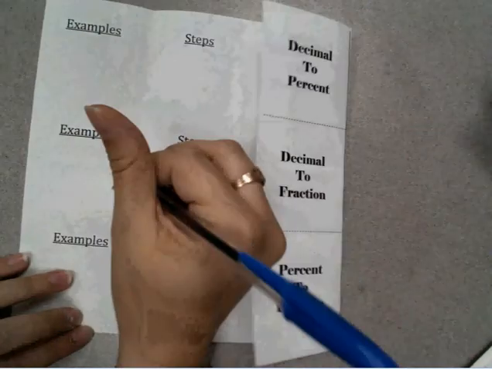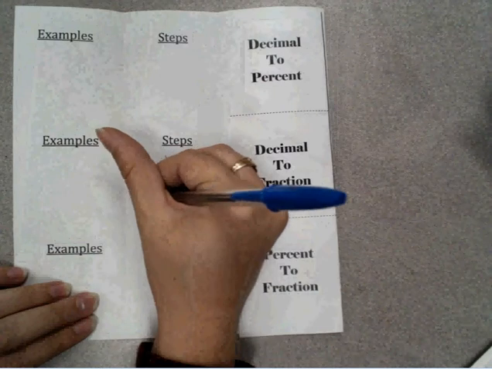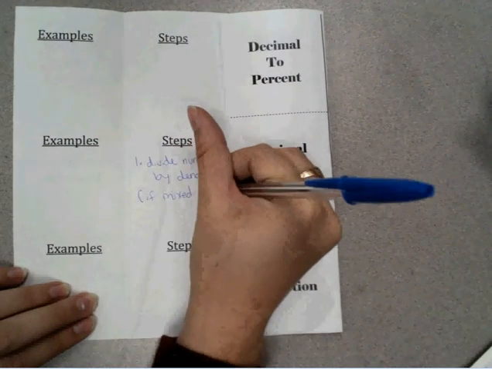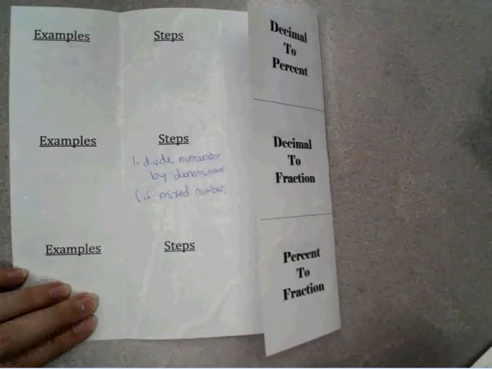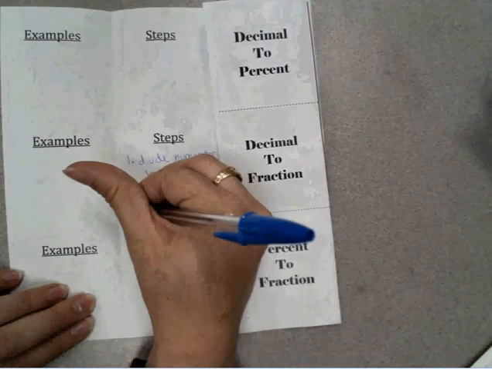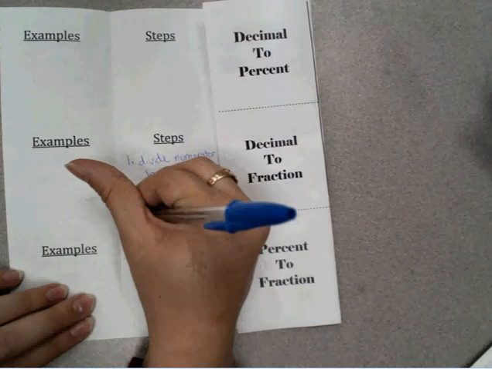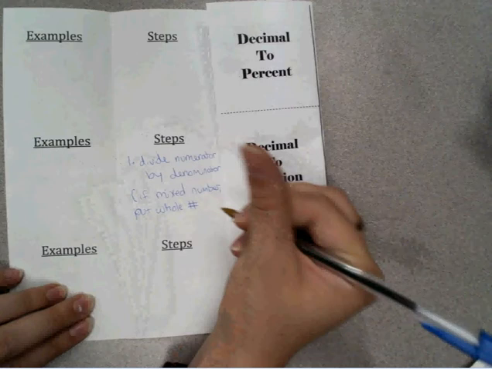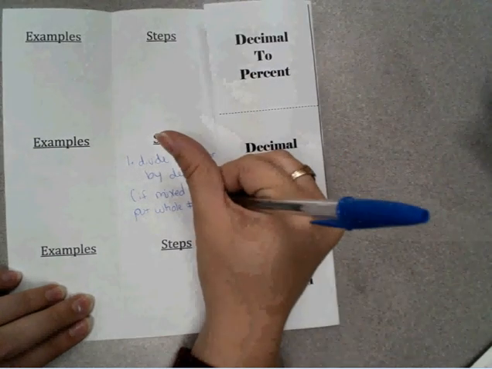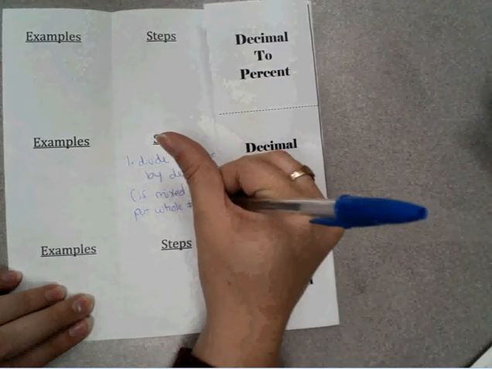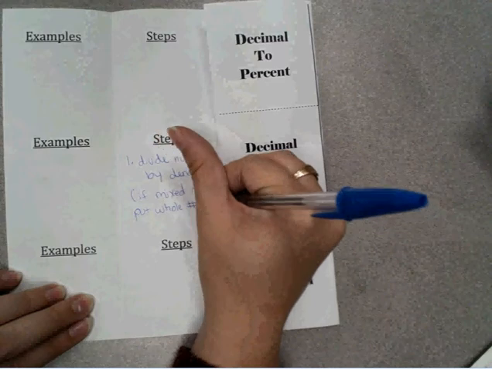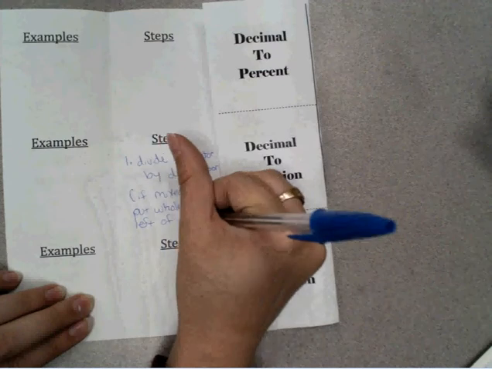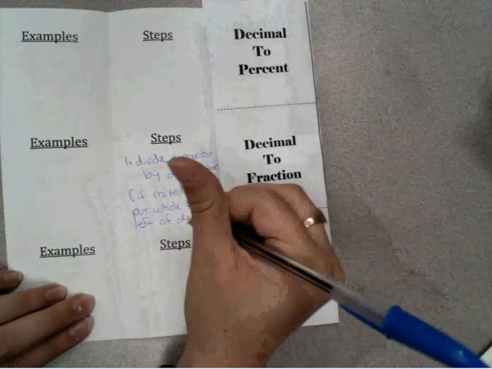The only thing I want you to be aware of is if it's a mixed number, just put whole number to the left of decimal after dividing.